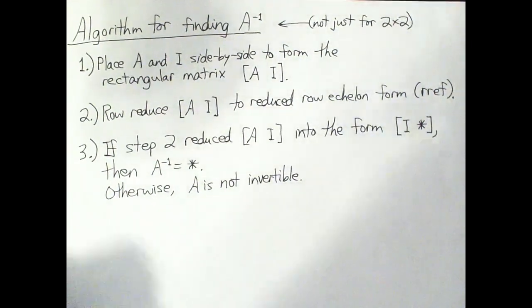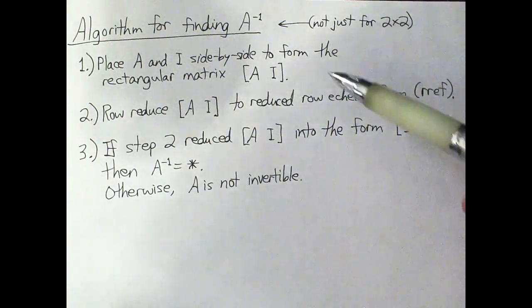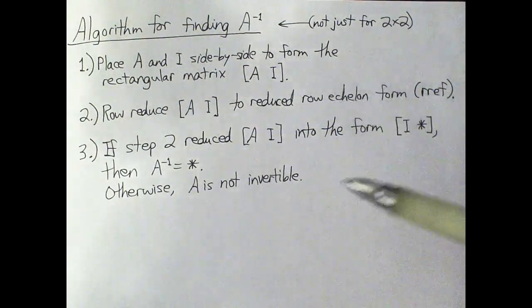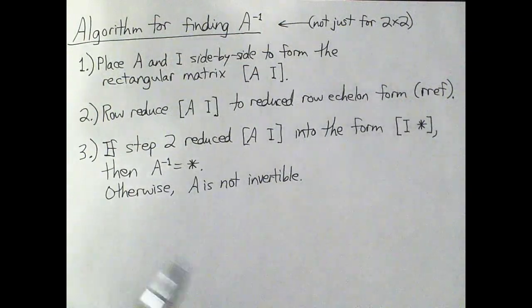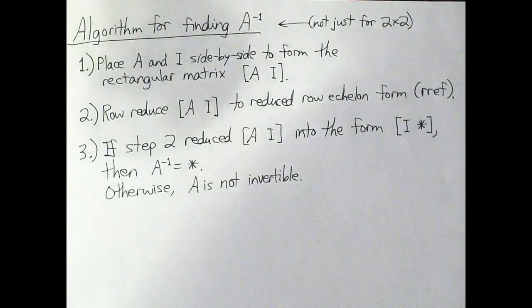So this is a pretty good strategy. This is a pretty good process, because what we do is we try to find the inverse using step 1 and step 2. And then we have a way of finding out, did we find the inverse, or we may have shown that the matrix is not invertible, and that can also be an answer.